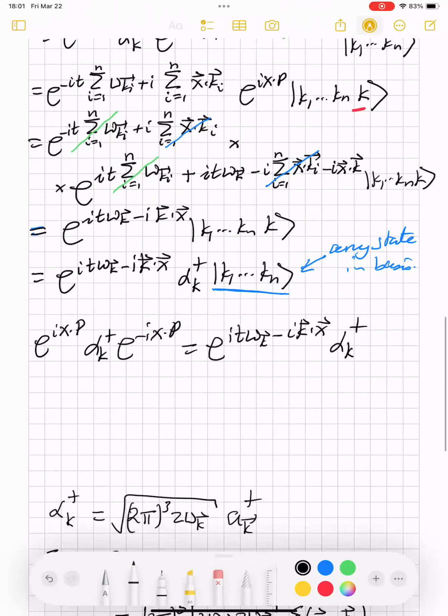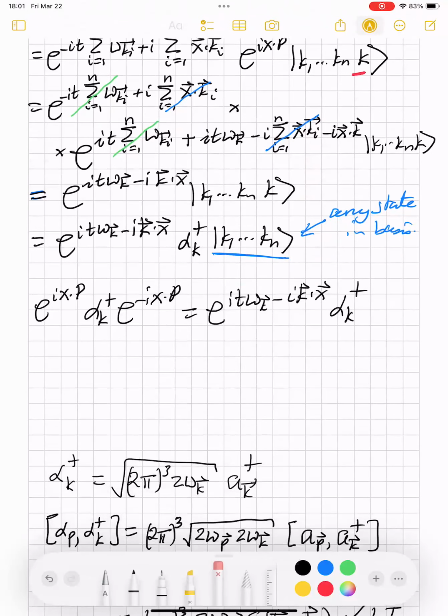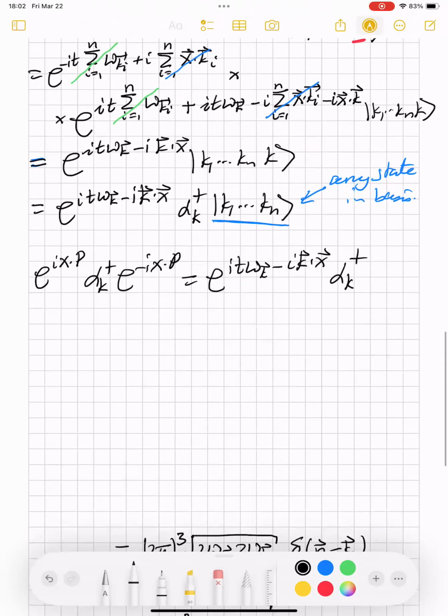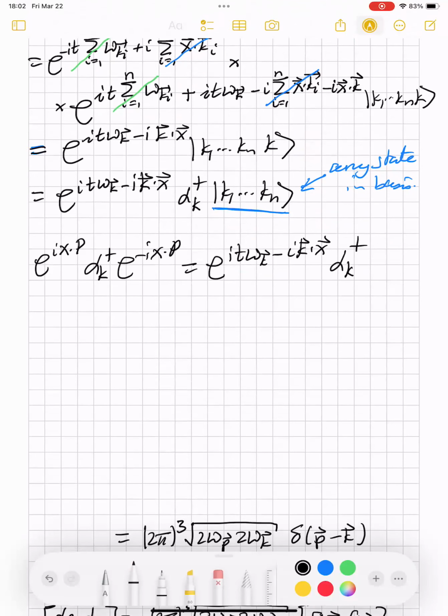Just by the way, while we're here, notice that if I was to dagger this equation, I can immediately get a second equation, not for alpha k dagger, but for alpha k itself. So why don't you try to dagger this equation now, see what equation you get for alpha k? Pause the video. Okay, good. Now let's do it together.